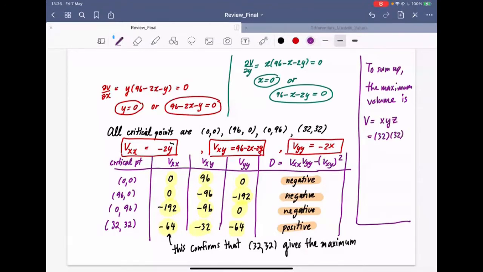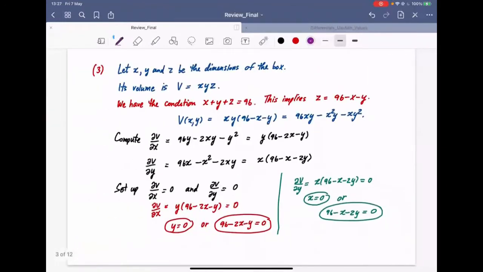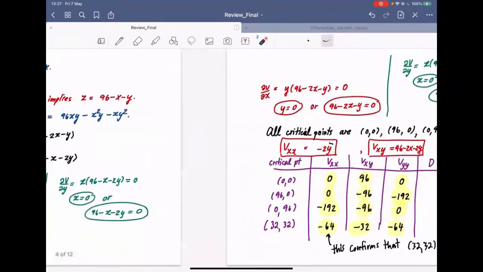And once you get 32 for x and 32 for y, what is c going to be? Because they have to add up to 96, c is going to be 32 as well.